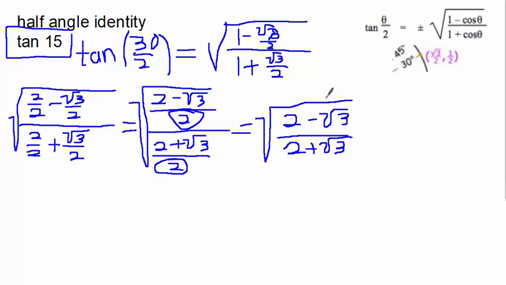It is still a fraction with multiple terms inside it, so what I need to do is put parentheses around both, and I need to multiply by the conjugate of the denominator.